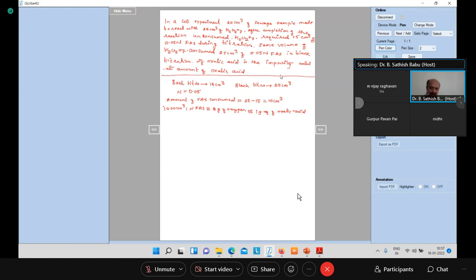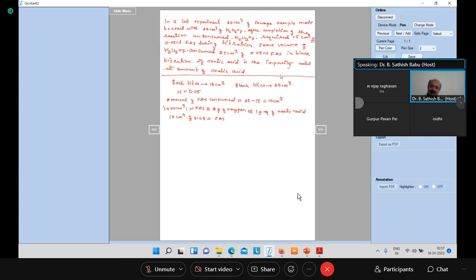But in your titration, how much FAS is consumed? 10 cm cube. What is the normality given? 0.05 normal FAS.